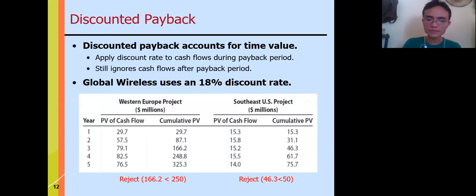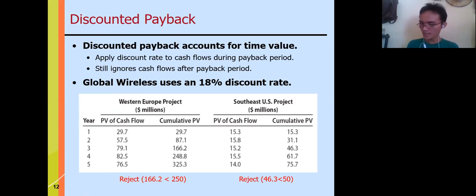And then what we can do now is get the cumulative PVs. So how do we compute the cumulative? Simply add whatever is the PV of that particular year and prior. For year 1, obviously the cumulative PV equals the PV of cash flows because the prior year is 0. So 0 plus that equals the number. Any number added to 0 equals the number.